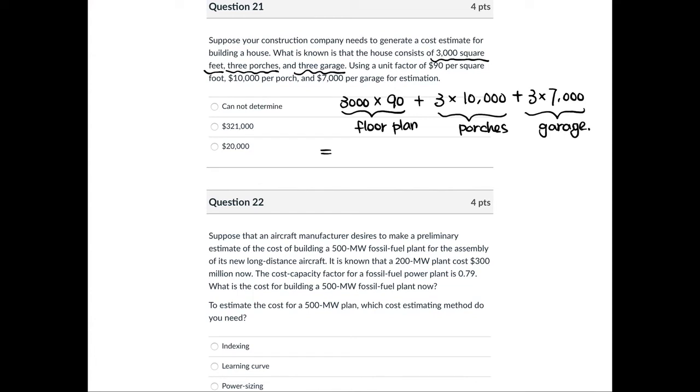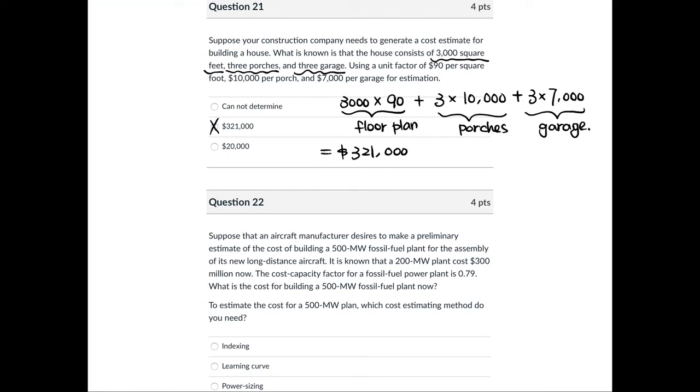So in total, you're going to spend 321,000 for this house. Okay.